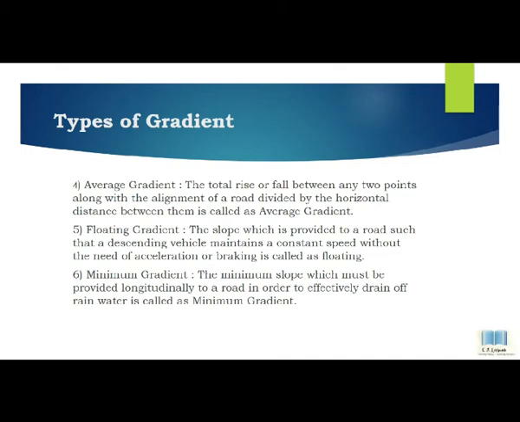Then the next type of gradient is floating gradient. The slope which is provided to a road such that a descending vehicle maintains a constant speed without the need of acceleration or braking is called floating gradient.